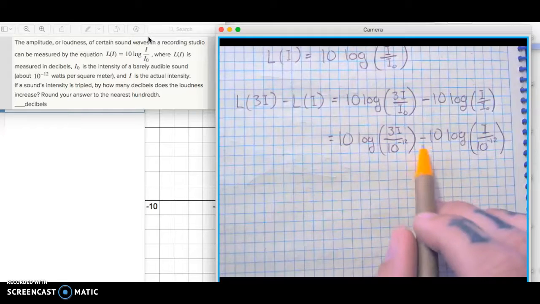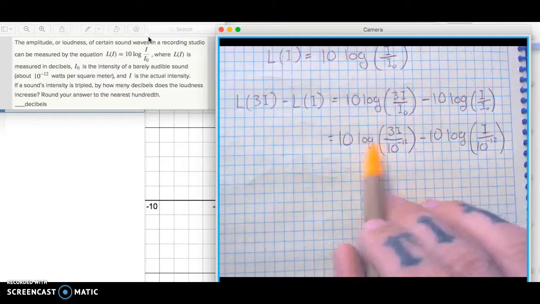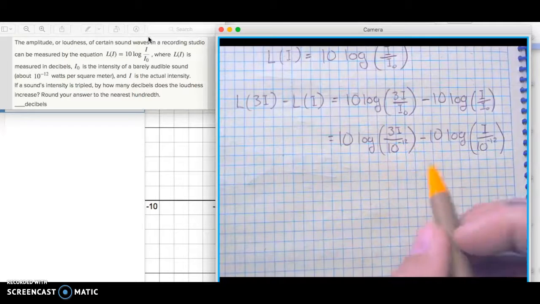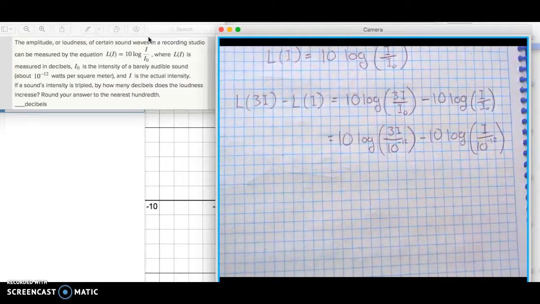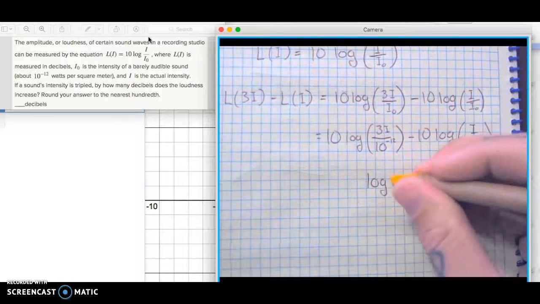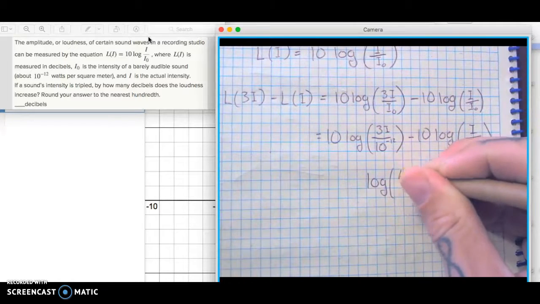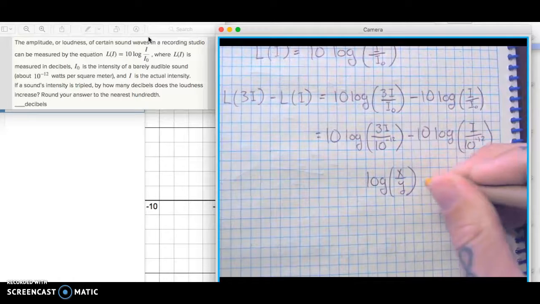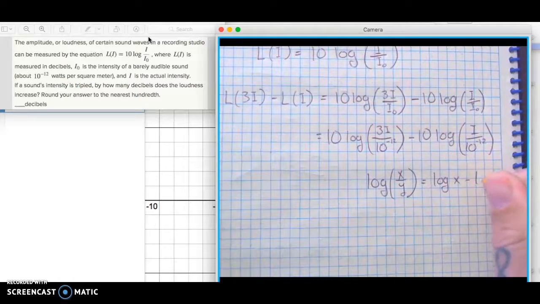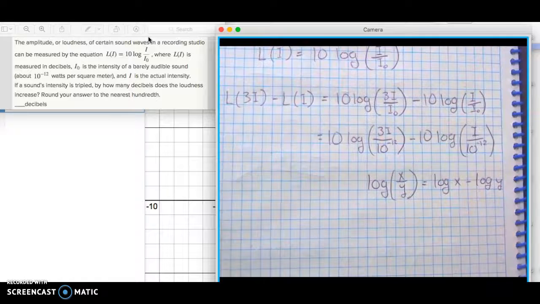In this case, we have a difference of two logarithms of the same base. So what we can do is divide our arguments here. If you remember, if we have a logarithm of a quotient, it's just a matter of subtracting the individual logarithms of those different arguments, like that.